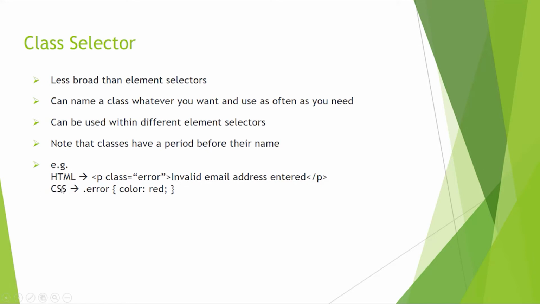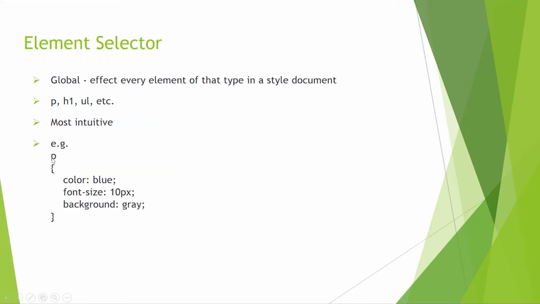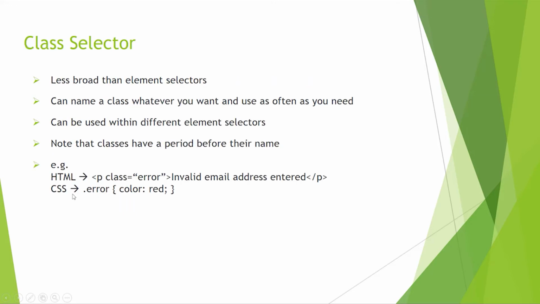And you can see in the CSS I created a line dot error, so instead of just having the P like we had back there, we have dot error, and inside the brackets I have changed the property value of color to red. So normal paragraphs would go on as they normally would, but when you put this class in, it changes the text to be red.